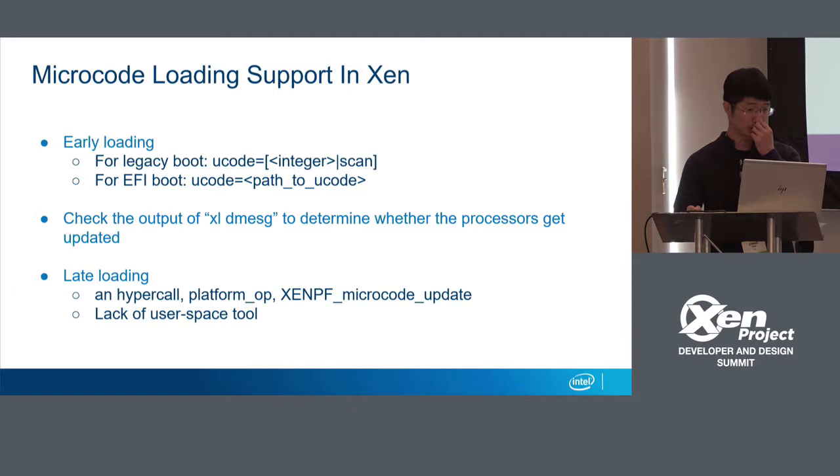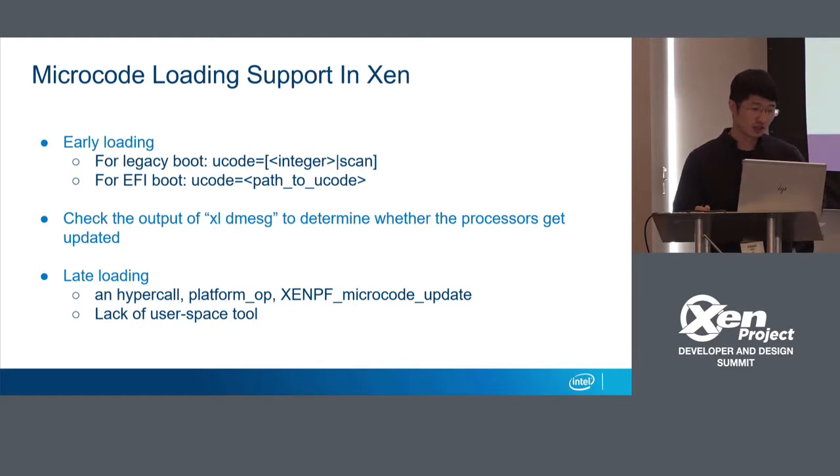So here is the microcode loading support in Xen. Currently, we support early loading. Early loading supports microcode loading for both legacy boot and EFI boot. For both of them, you should specify where the ucode is located, and then you can check the output of xl dmesg to determine whether the processors got updated or not.